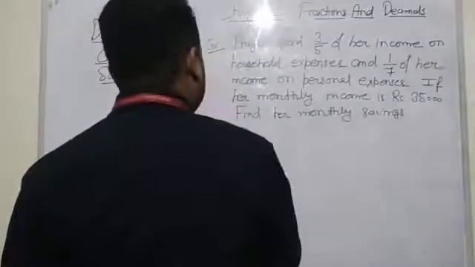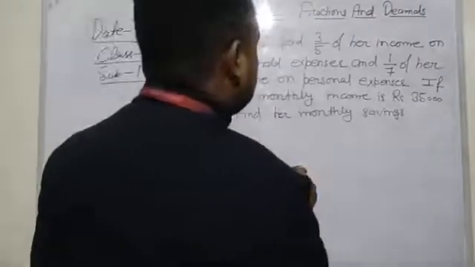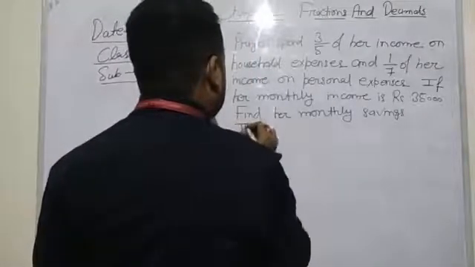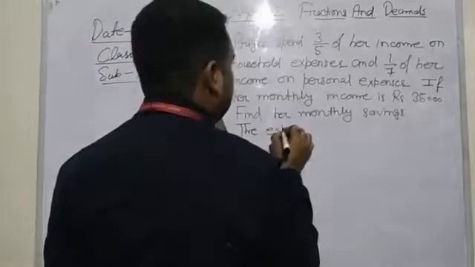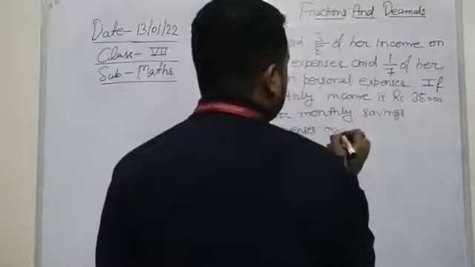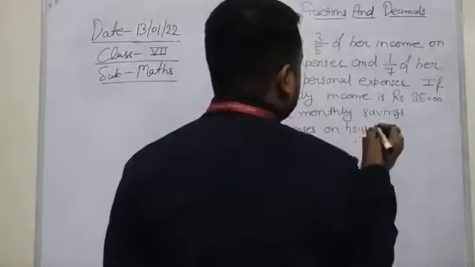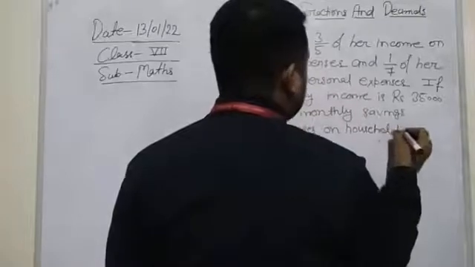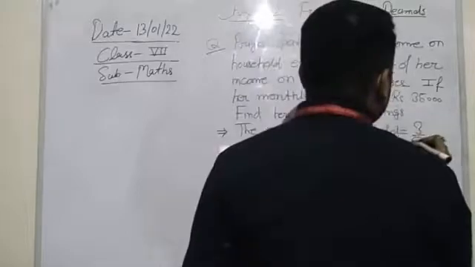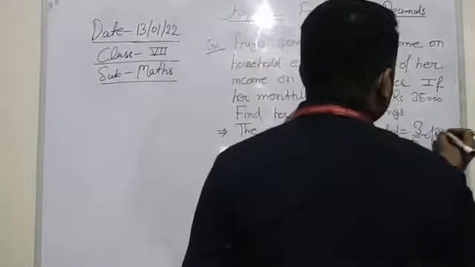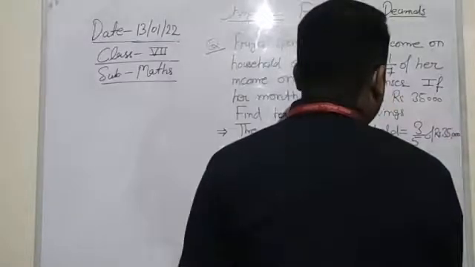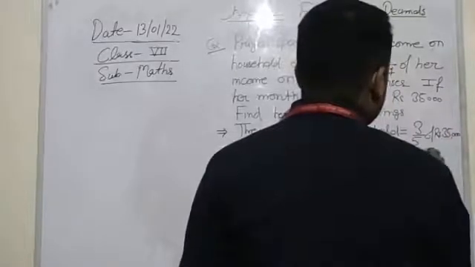So here I start the solution. The expenses on household is 3/5 of rupees 35,000. So it will be 3/5 into 35,000.